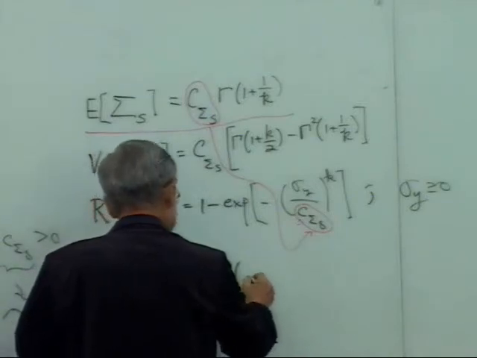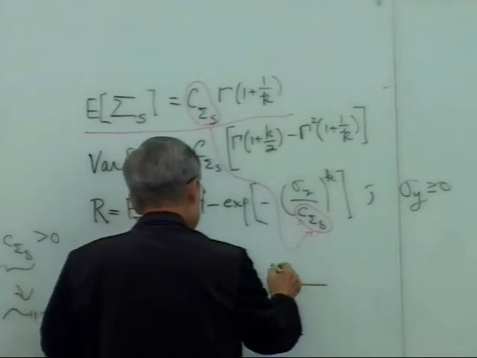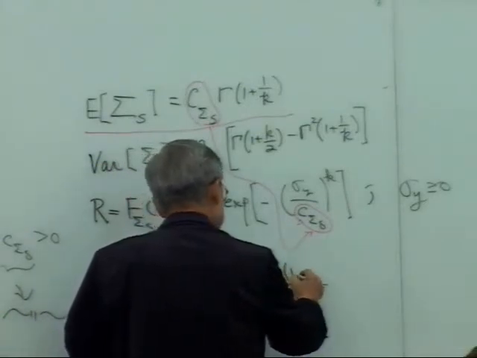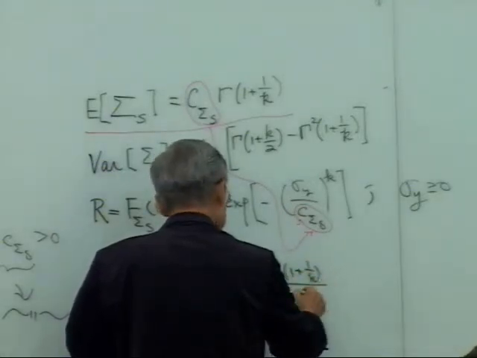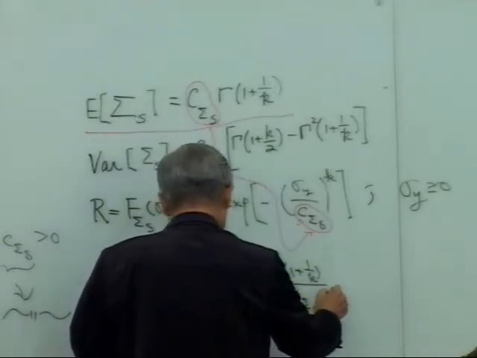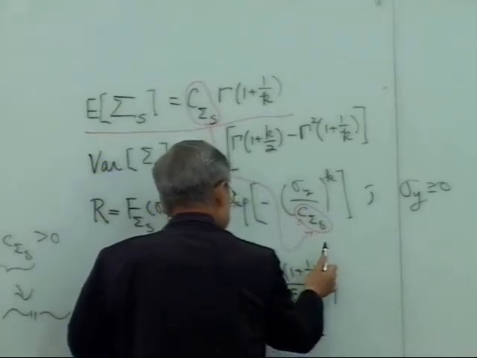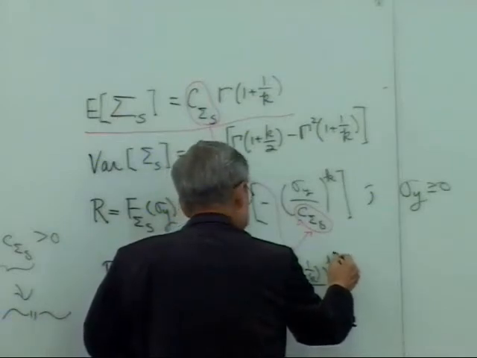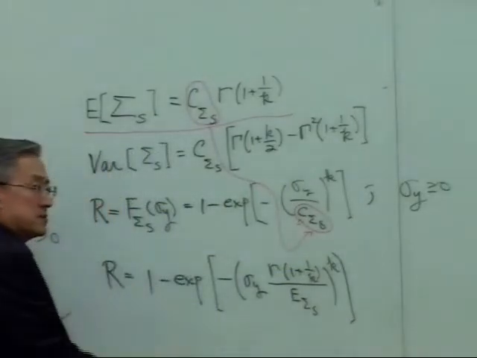And R is equal to 1 minus exp minus sigma y gamma 1 plus 1 over k over the mean of sigma S, to the k. This is the correct expression.